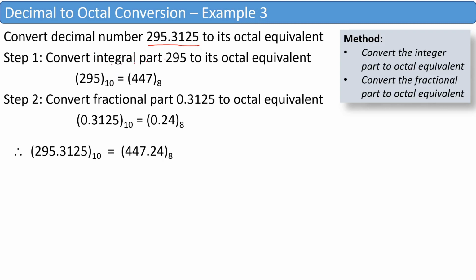So, the first part 295, we separate it out, and this 295 of decimal we convert by the previous method, and this becomes 447 of base 8. We did this in the first example. Now we convert the fractional part 0.3125, which is of decimal.